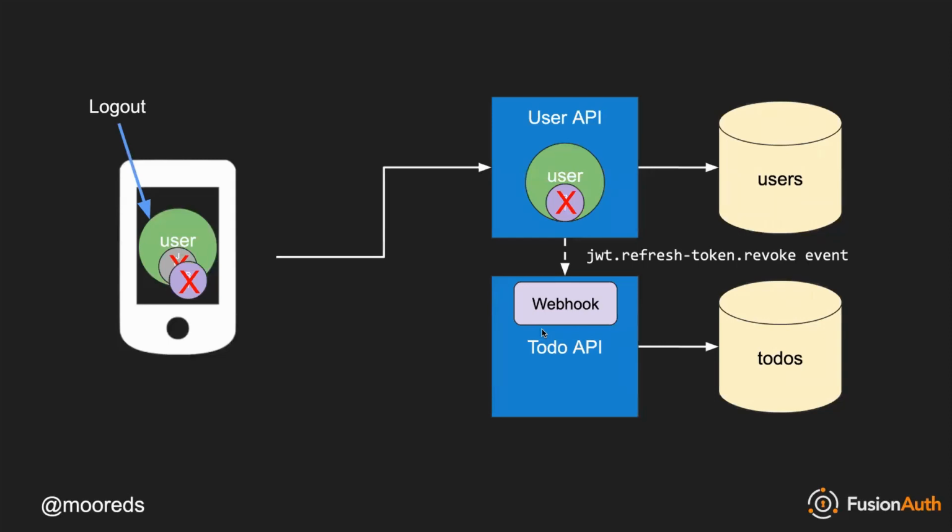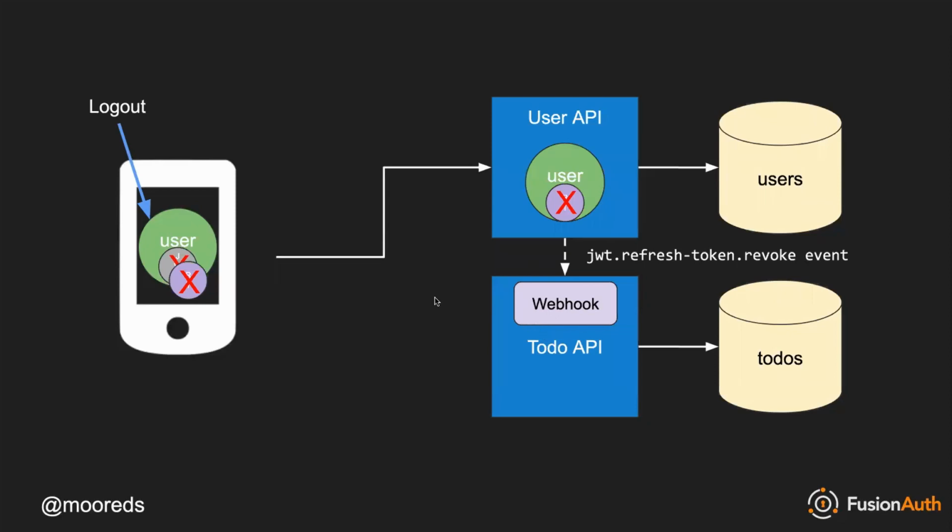Therefore, the to-do API now, in addition to checking the signature of any JWT that comes in, the audience, the issuer, all those things that it should check, also should check, hey, is this JWT about a subject that has logged out? So that is on the deny list.